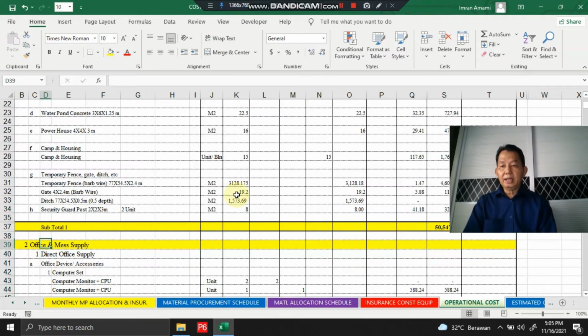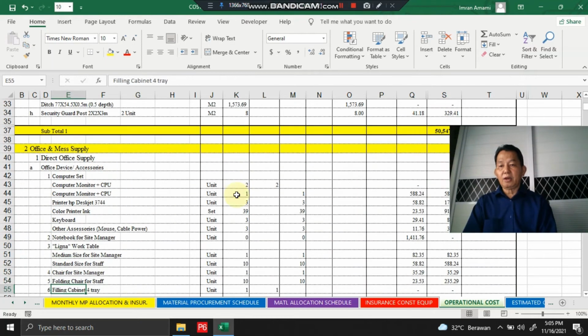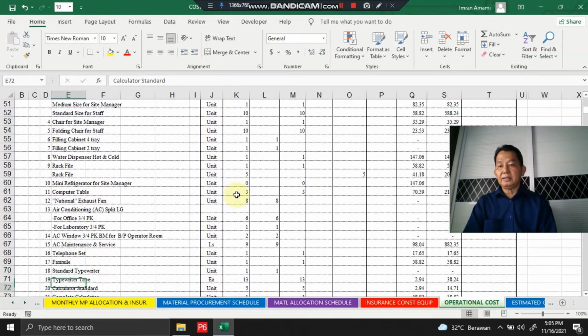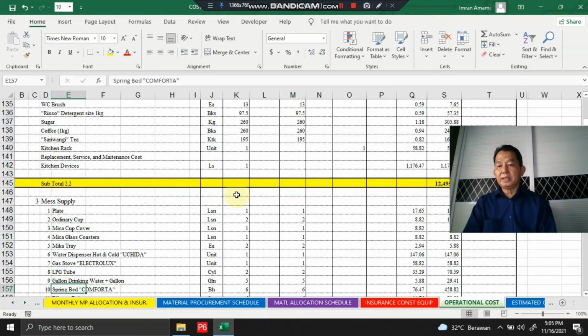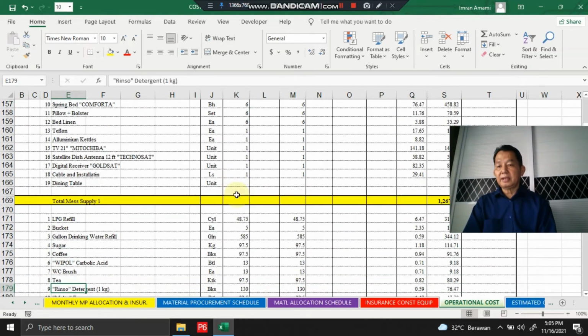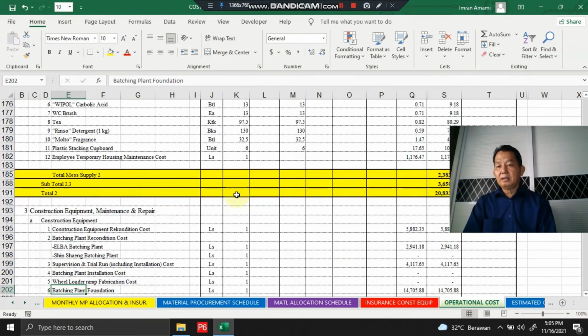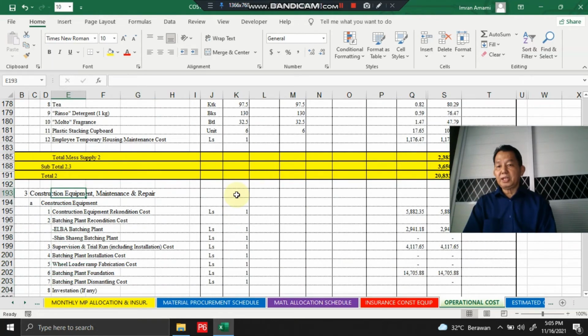Okay, and then we calculate office and mess supply. Yeah, direct office supply, and then indirect office supply. Yes, indirect office supply, and then mess supply, and then construction equipment maintenance and repair.